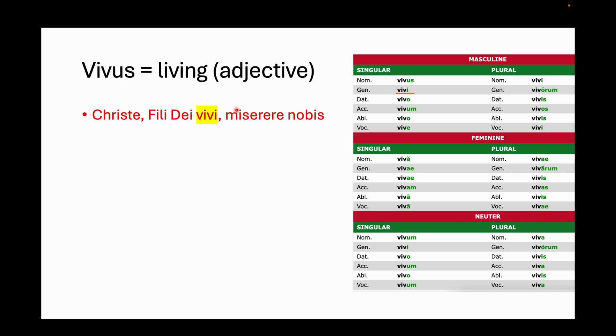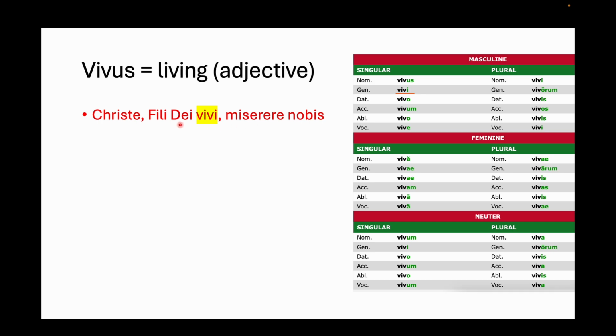So let's look at vivi, and let's look at its chart. We know that Christe, fili, and Dei are all masculine nouns, so we don't need to worry about all of this. We'll just look at this top section here. And we look down and we can see that vivi is the genitive form of vivus. So it must be describing a noun in the genitive case, right?